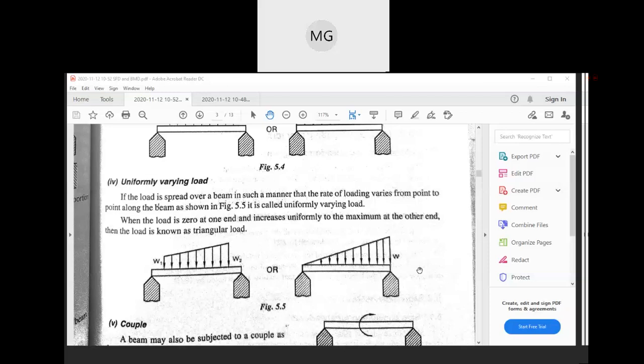If you are analyzing from the right end, it is uniformly decreasing. If you are analyzing from the left end, it is uniformly increasing. It's left to you. While analyzing, you can analyze from the right also, or from the left also. So it's a uniformly varying load.